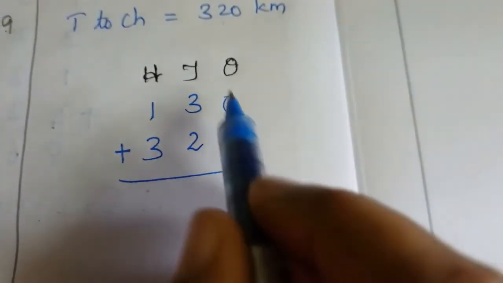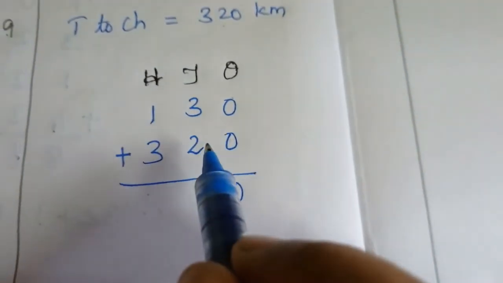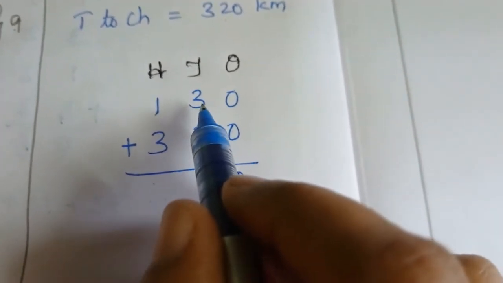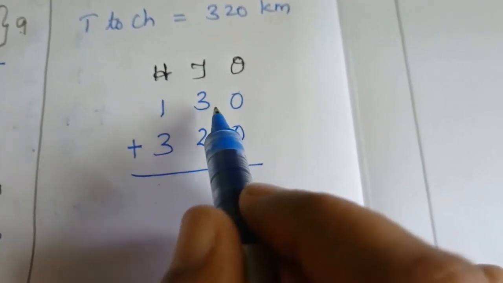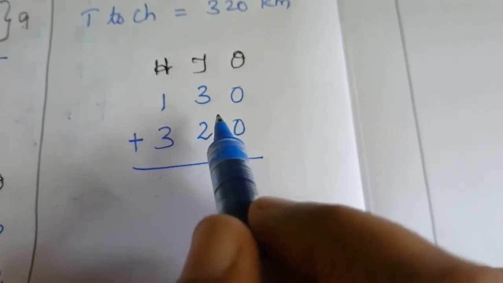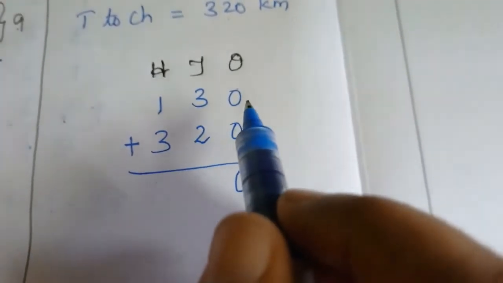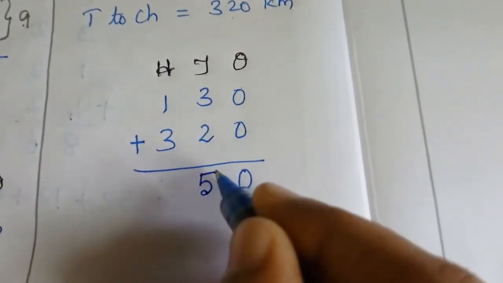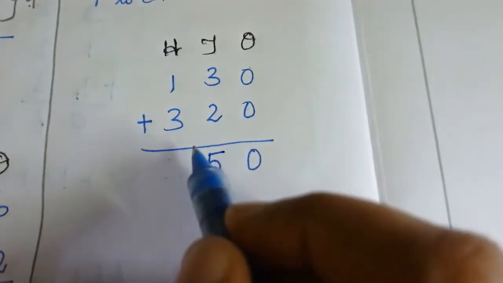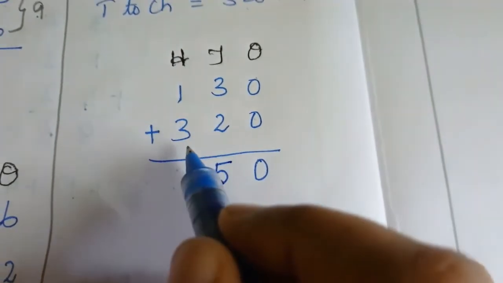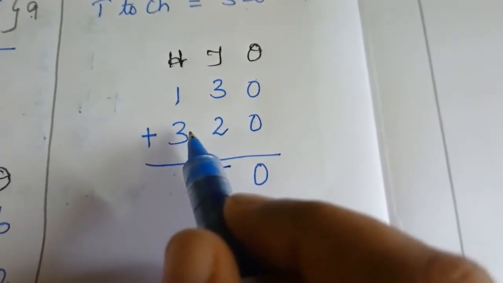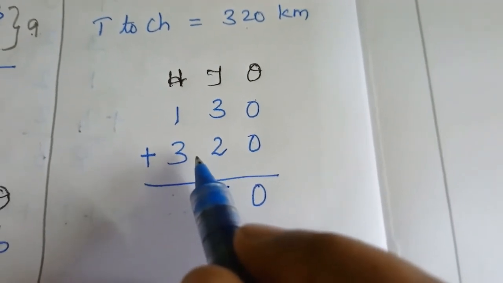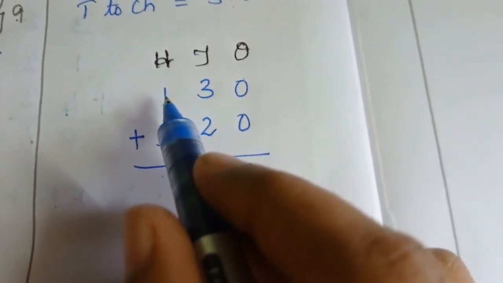Next you have to add the values in the tens place. Here the bigger number is 3, so you have to keep 3 in mind and take 2 fingers. 3, after that 4, 5. So write 5 in the tens place, and next add the values in the hundred place. Here the bigger number is 3 and the smaller number is 1.